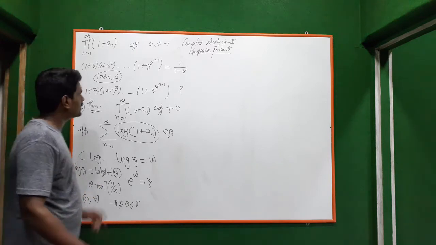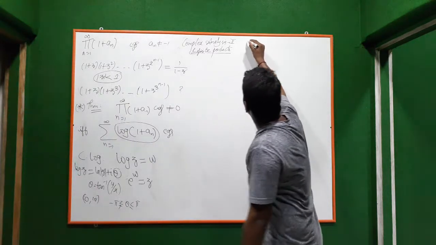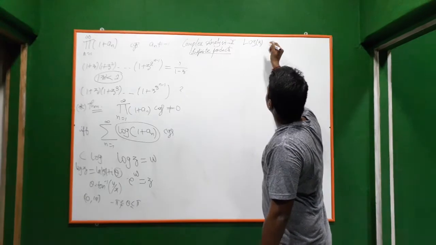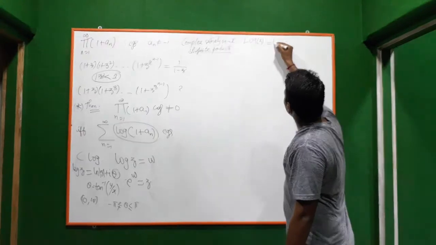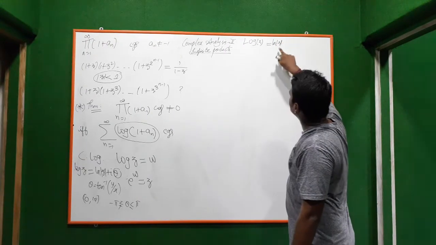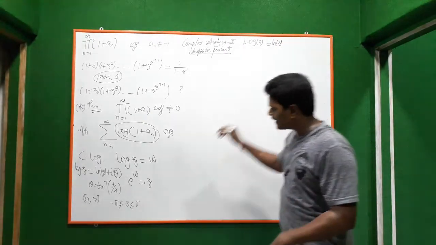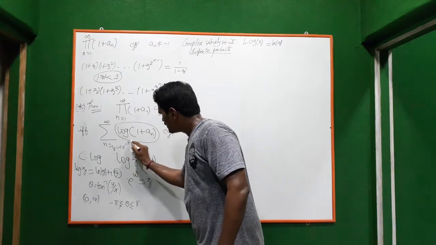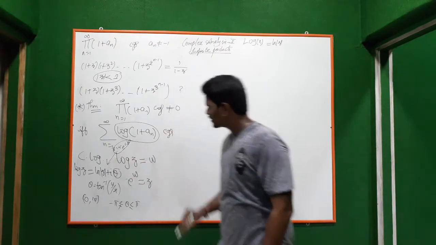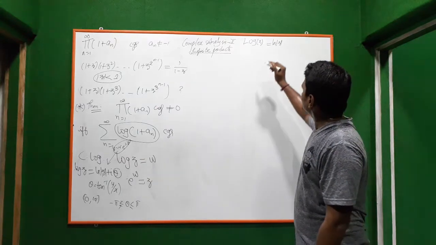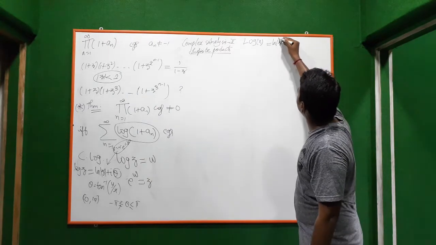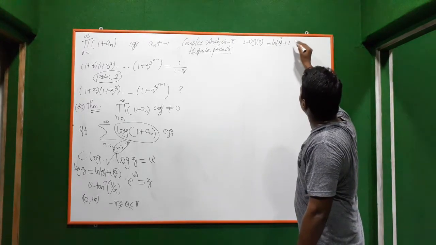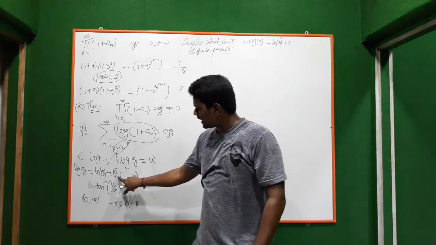In that case we will write this logarithm as capital Log. Log of z is ln mod z, where mod z is r, if z is equal to r e power I theta, plus I times theta, which is the argument of z.